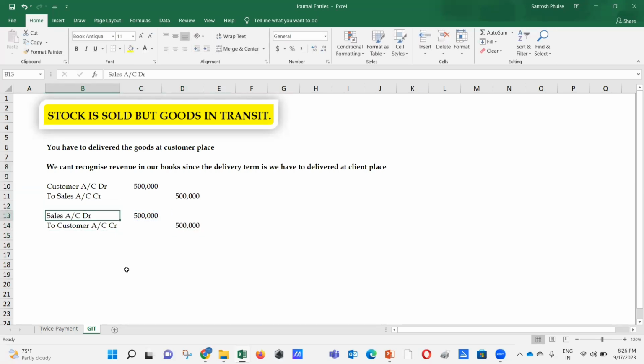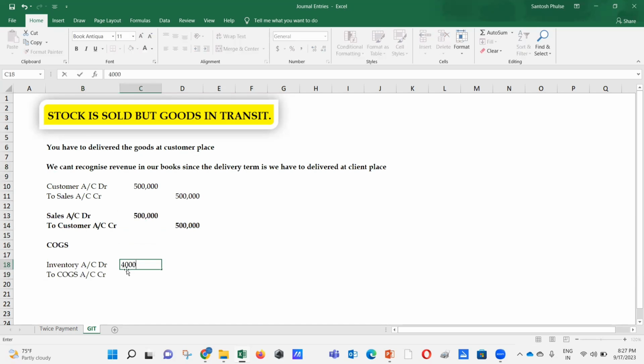Now, it's not going to stop here. As and when you have done the sale, either the system has done the entry for COGS, cost of goods sold, as well, and you have to do the reversal of this as well. So you have to reinstate your inventory account debit to COGS account credit, whatever the amount may be.